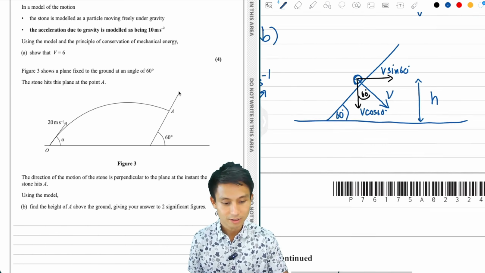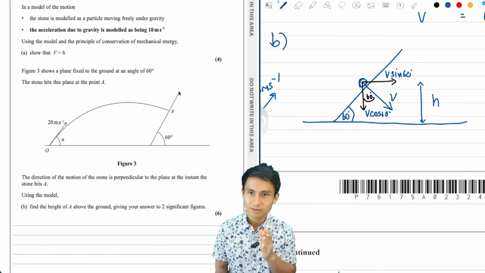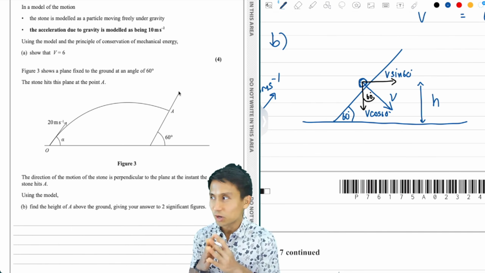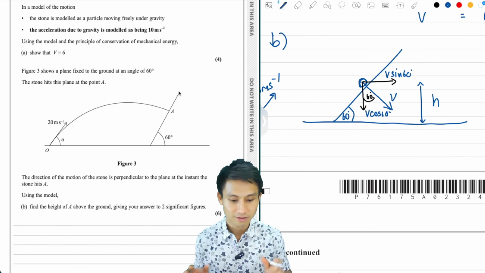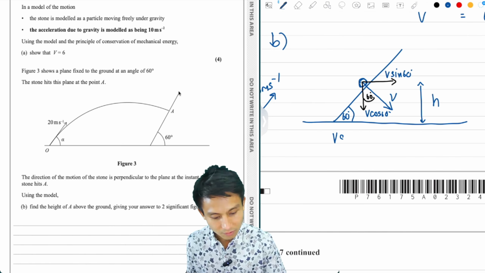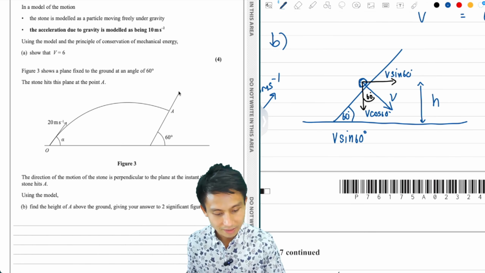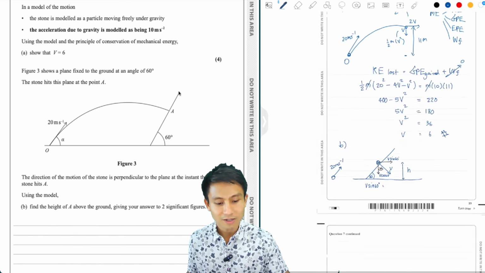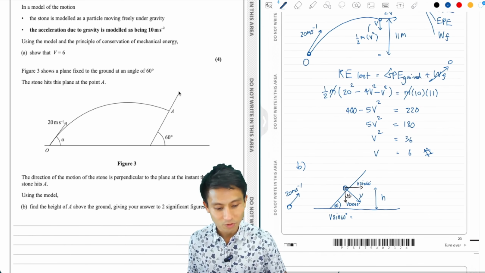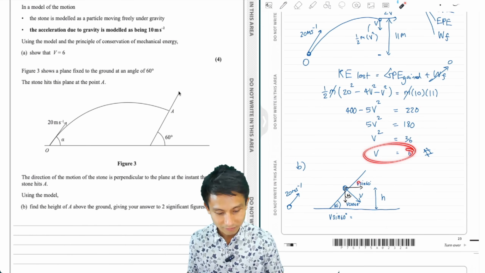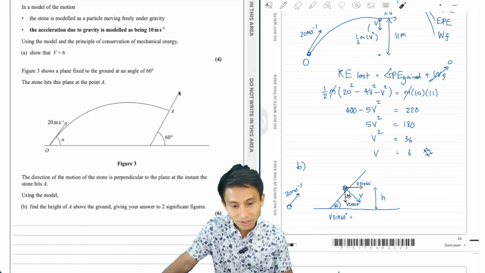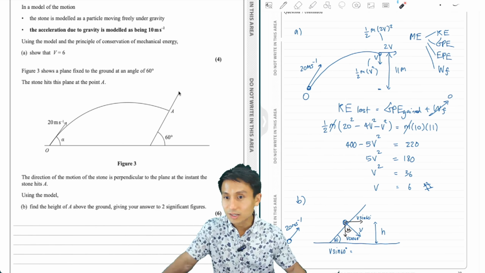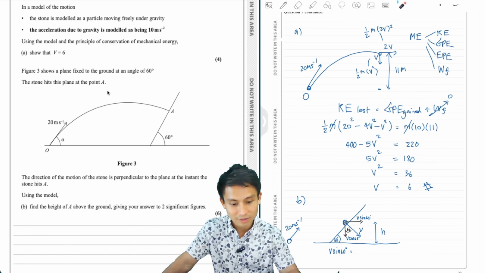Okay. Well, but don't forget, because we assume no air resistance, that means the horizontal component remains constant. So the horizontal component V sin 60 here is going to have to be, well, don't confuse this V and my V here. It's a different case. But the horizontal component was initially, what was it?